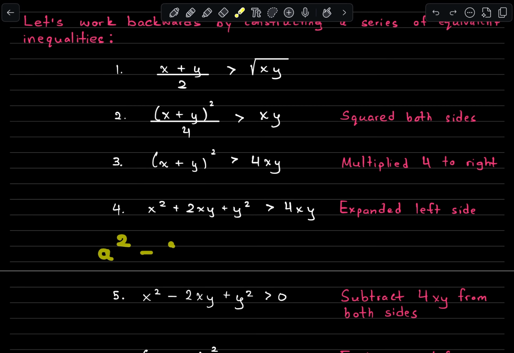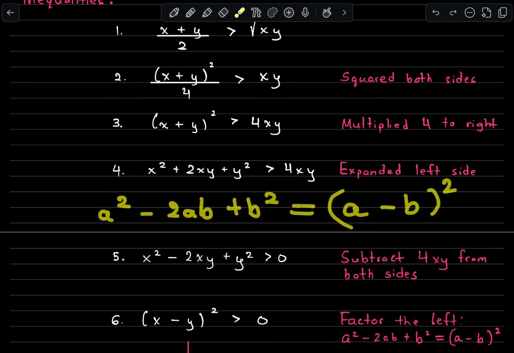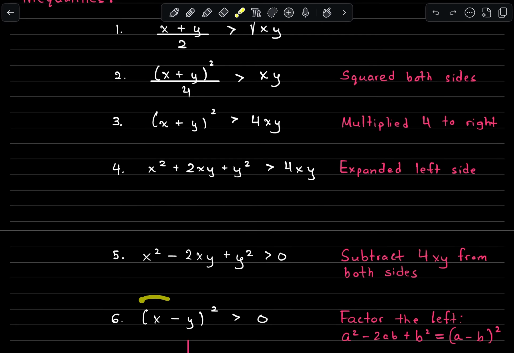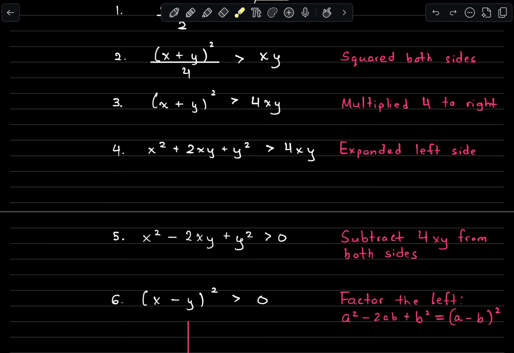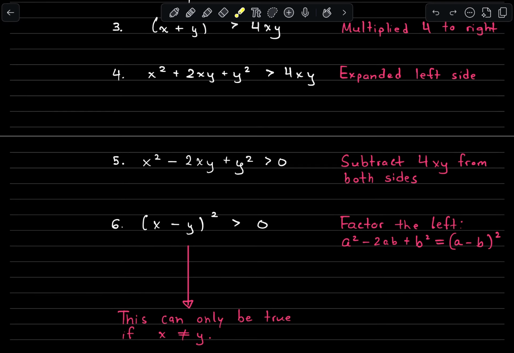Now this kind of looks like this old definition, a squared minus 2ab plus b squared, which is equal to a minus b squared. So we can factor this left side back into this format. We get that x minus y squared is greater than 0. Now, x minus y squared being greater than 0, what does that mean?